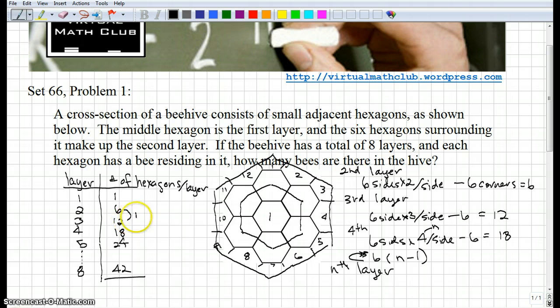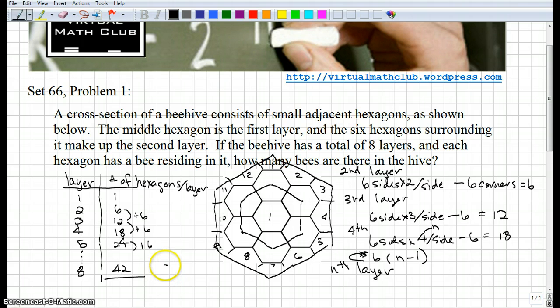Every time we're adding 6 more, and so on. So if we add the arithmetic sequence from 6 up to 42, then add 1 to it, we should get our answer, because we get the 1 for the center, and then beyond that it's an arithmetic sequence. So let's figure out what that is.